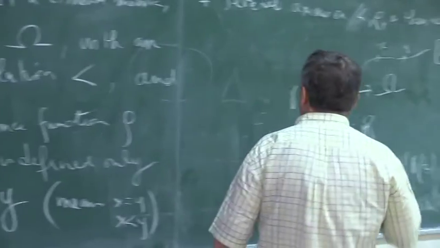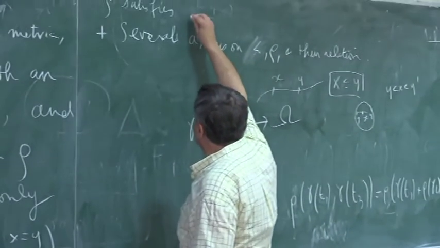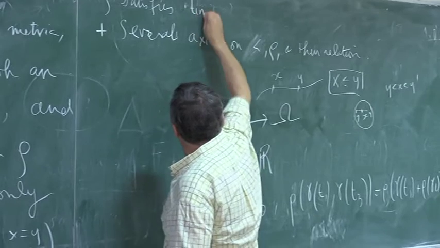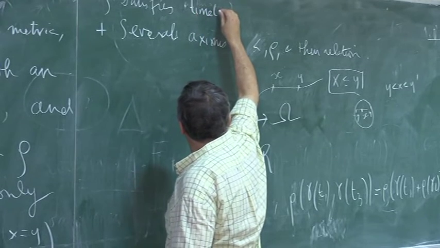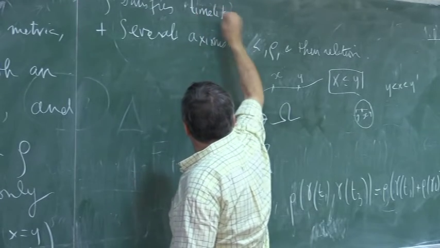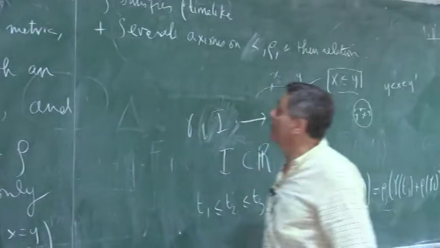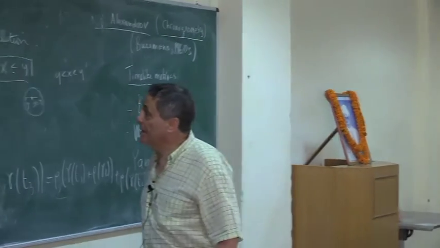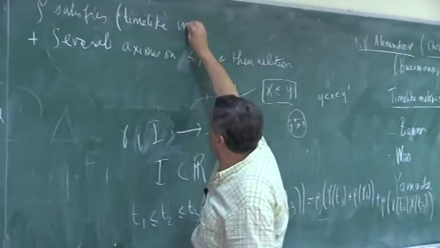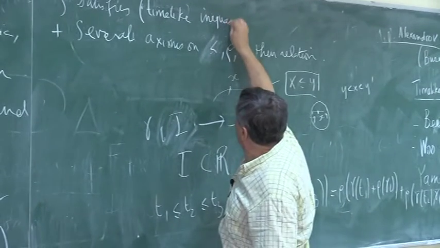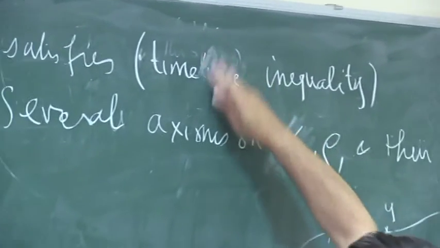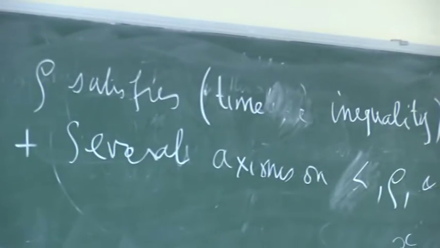rho satisfies. This is the important thing now, that rho satisfies this time-like inequality, or time inequality, instead of the triangle inequality.